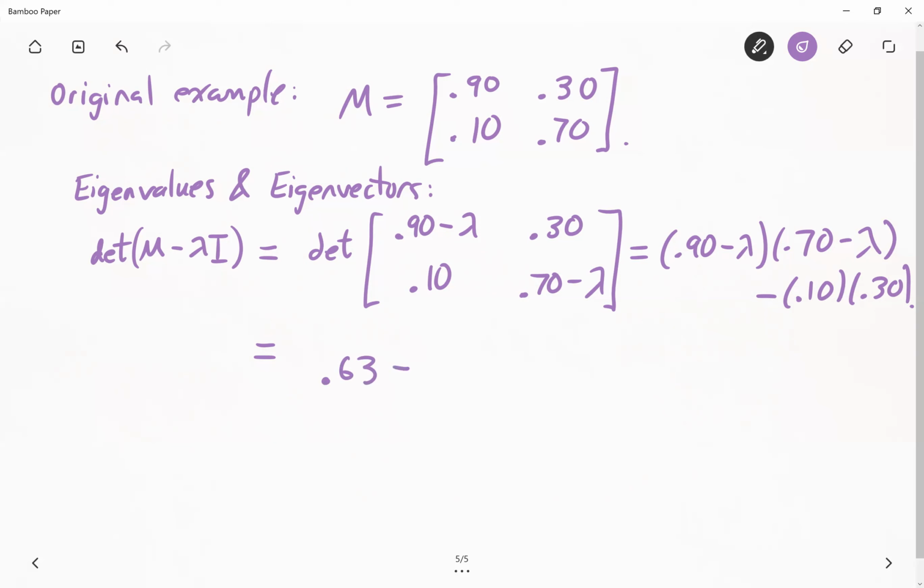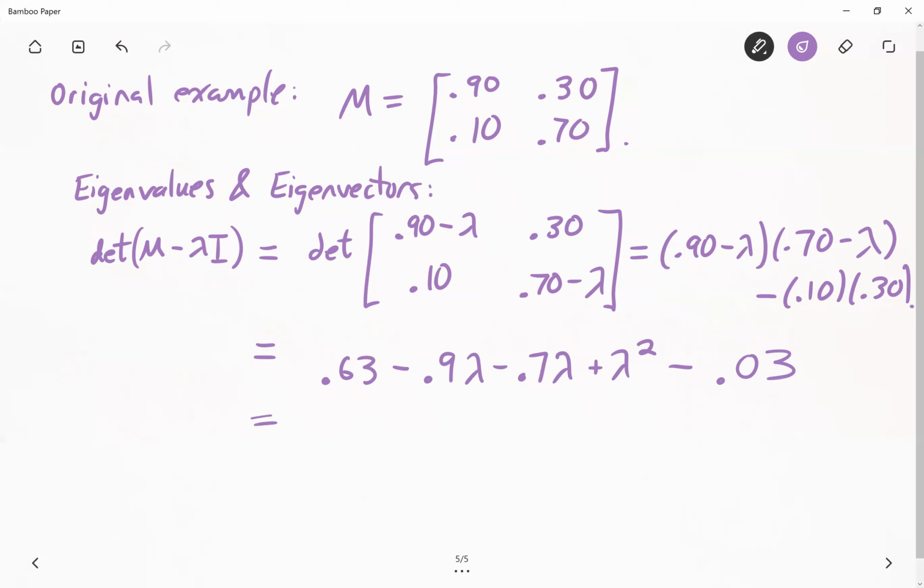See, we have a minus 0.9 lambda minus 0.7 lambda plus lambda squared minus 0.10 times 0.30. Right? 0.10 times 0.30 is 0.03, sorry, a tenth of 0.30.